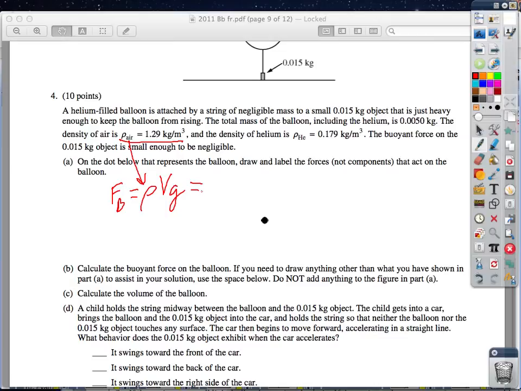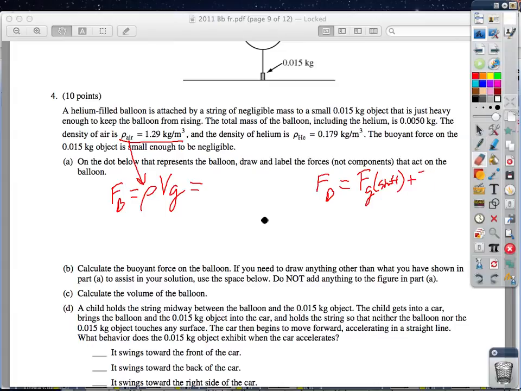So we know that that's true. What else do we know? We know the force statement, which was the force of gravity on the stuff plus the tension in the string.